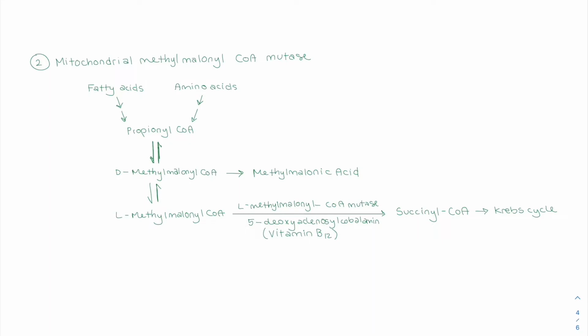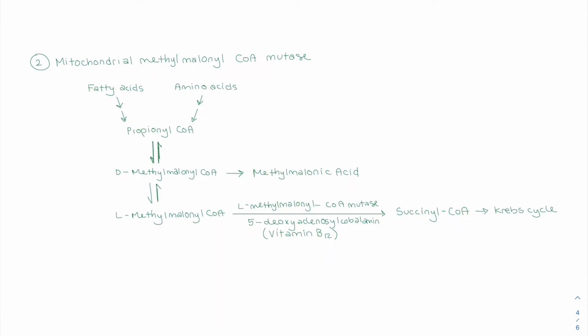So we have the L-methylmalonyl CoA mutase. We need this 5-deoxyadenosylcobalamin, which is vitamin B12. It uses this vitamin B12 to successfully make the succinyl CoA.